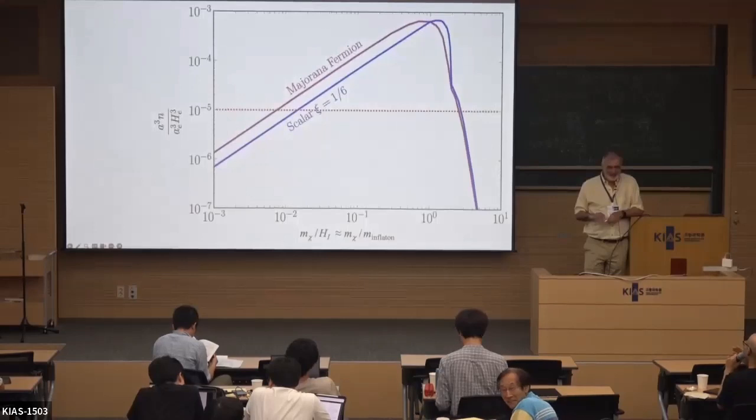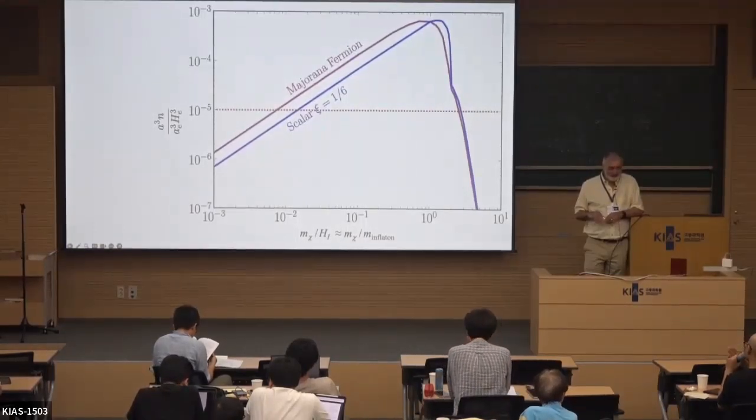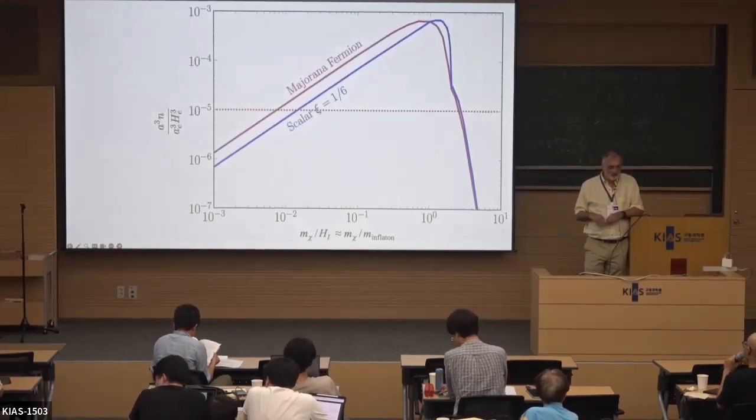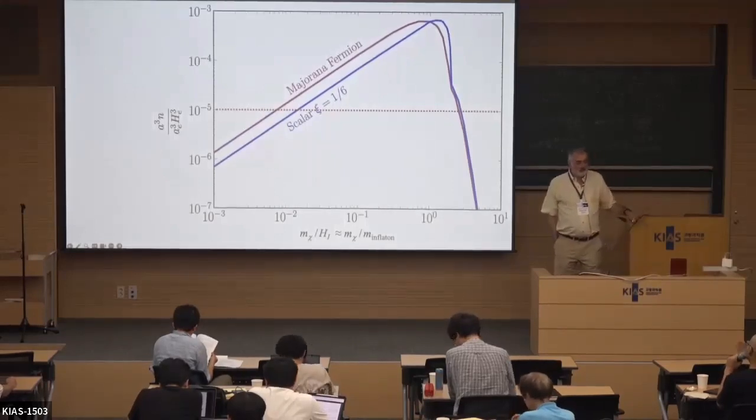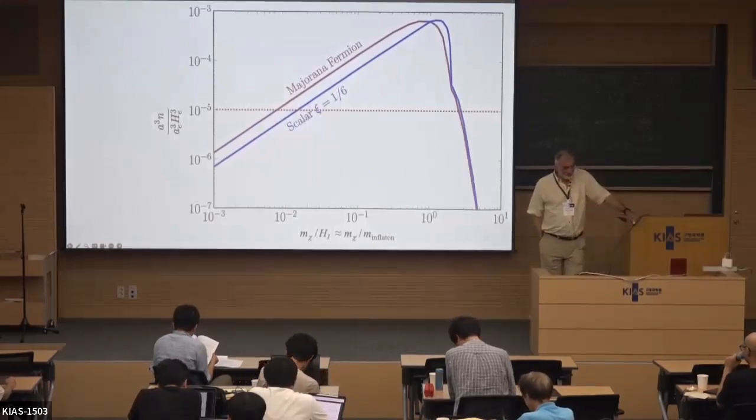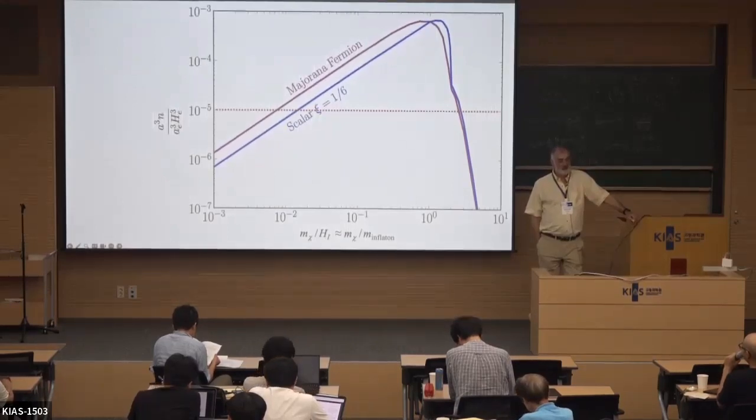Another question: if I consider a Majorana fermion, it is its own charge conjugate, so it will not couple to photons. But if I consider a Dirac fermion, I would expect that if they couple to photons, then they would affect the radiation era.